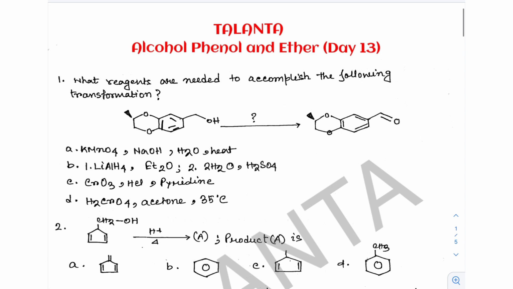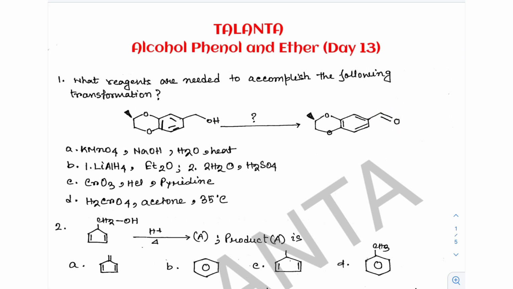So here we go. The first question is, what reagents are needed to accomplish the following transformations? This is the transformation. At first, we have to focus on the reactant and the product. See, in the reactant, the 1 degree alcohol group is present, CH2OH, and in the product, that 1 degree alcohol is being oxidized to the corresponding aldehyde, CHO.